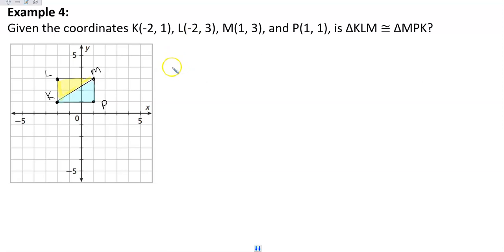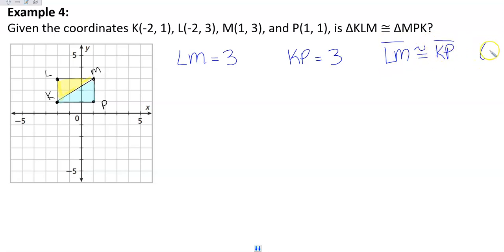So I can start by saying, all right, I know that the length of LM is 1, 2, 3. Okay, I know the length of KP is 1, 2, 3. So I know that LM is congruent to KP.